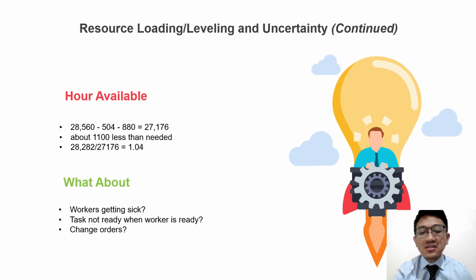Uncertainties like workers falling ill, workers not being ready when work is available, or unexpected change orders could further impact resources available. Worker illnesses might reduce available hours, while unprepared tasks can lead to idle time for workers. Change orders might disrupt planned schedules, requiring additional resources or causing delays.